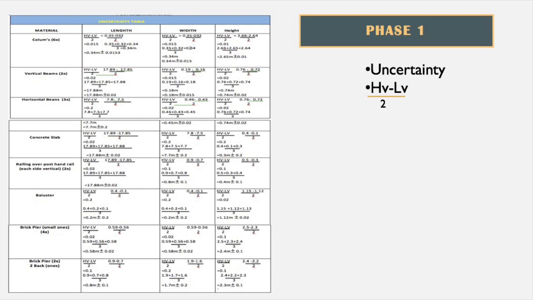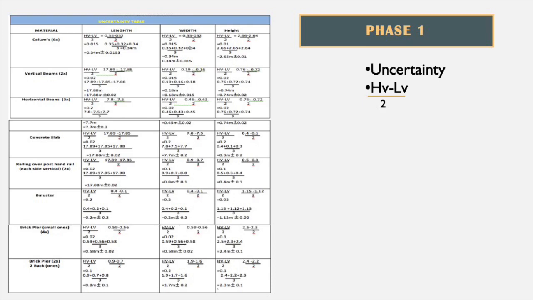We divide that by 2 to get the total. Then we add all 3 measurements. For example, for columns, it was 0.35 plus 0.32 plus 0.34, divide by 3, you get 0.34.